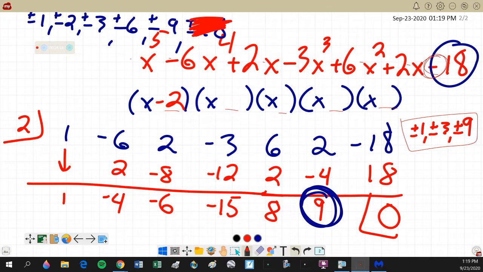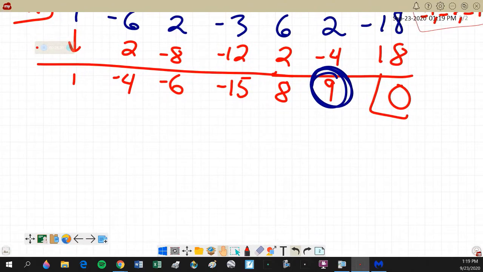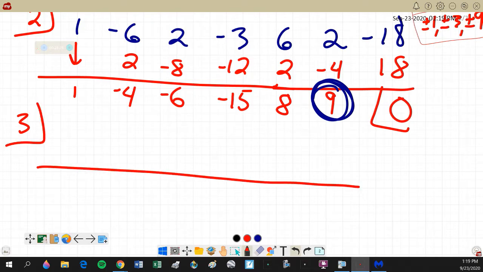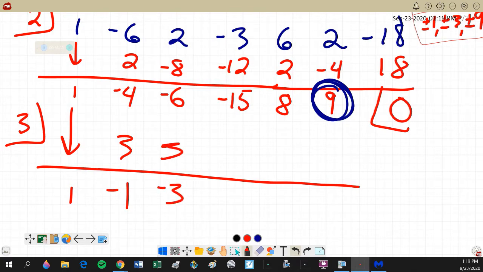Let's try 3. Okay, and it probably won't work because I just made this up. But we put a 3, and then I use these same numbers here. So drop the 1. 3 is negative 1. No, I'm going to do the math wrong on purpose. So I'm just going through 9, negative 7. This ends up being a 6, a negative 6, so 5.